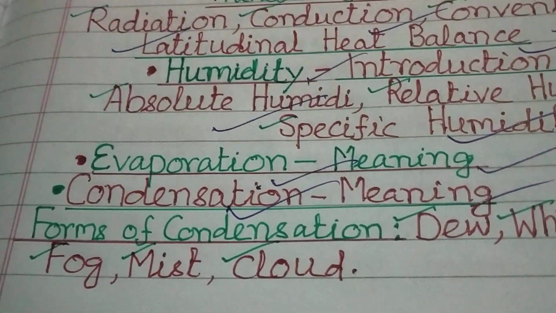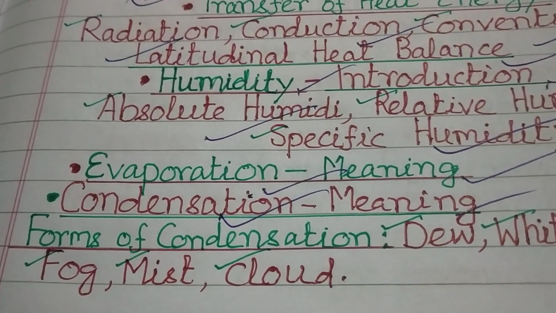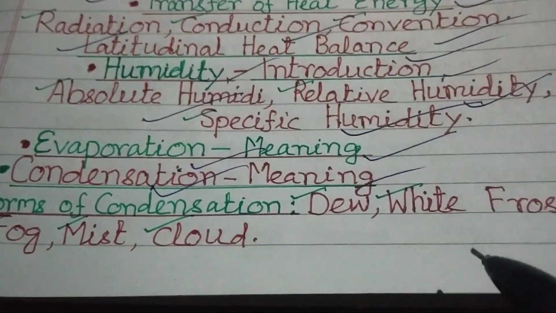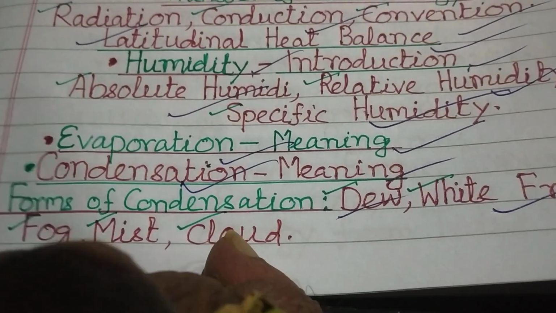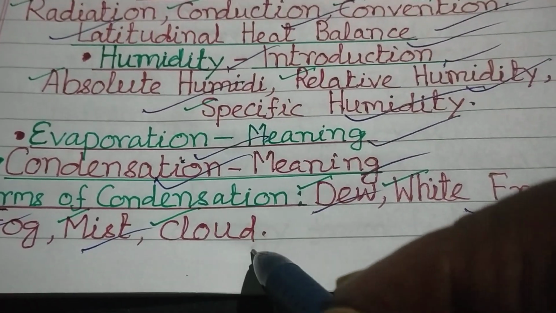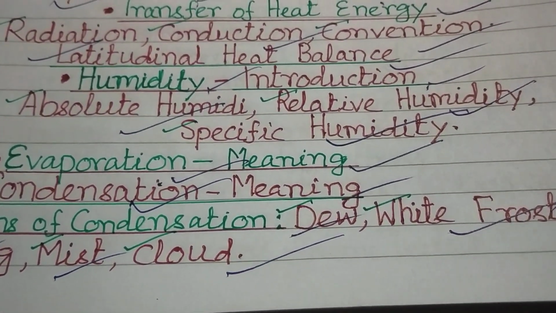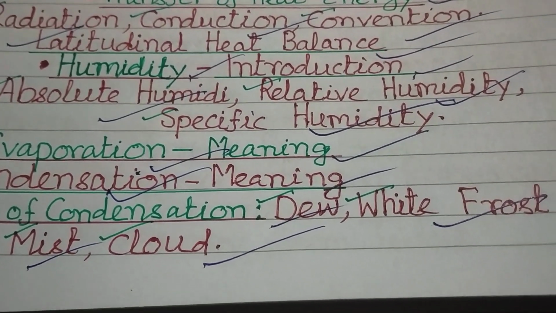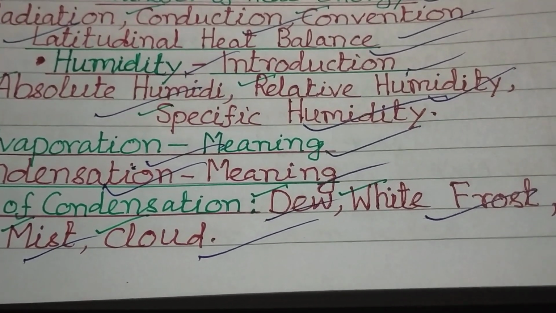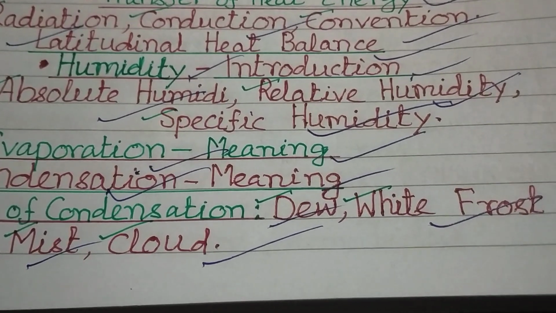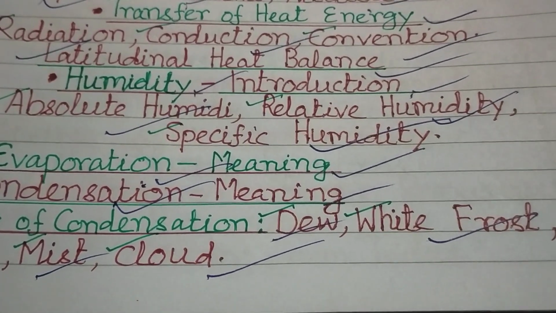And now we'll discuss the forms of condensation that we find. One is dew, the second is white frost, then fog, mist, and then cloud. Among the various forms, dew is when moisture is deposited in the form of water droplets on cooler surfaces of solid objects such as stones, grass blades, and plant leaves.